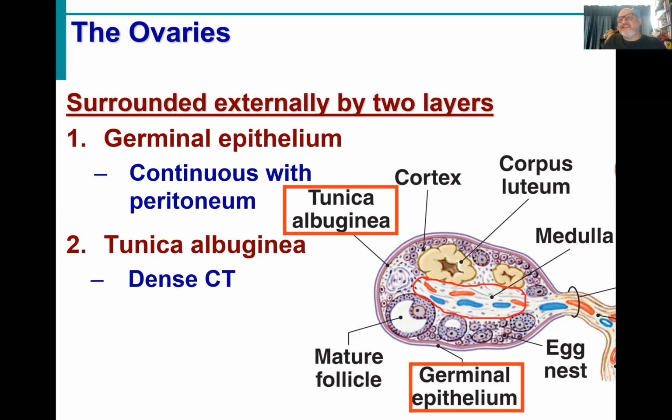So our ovary does indeed have a medulla and a cortex. However, unlike, for instance, the adrenal gland or the kidney, where we have very distinct borders between the cortex and the medulla, here it is more general. There isn't a definitive border to these regions. There are just two different areas composed of two different types of tissues and with two different types of structures in them.